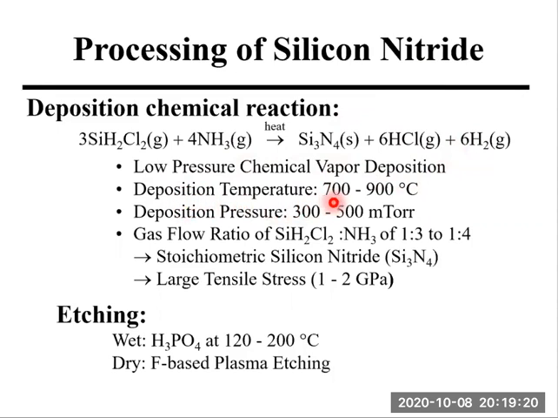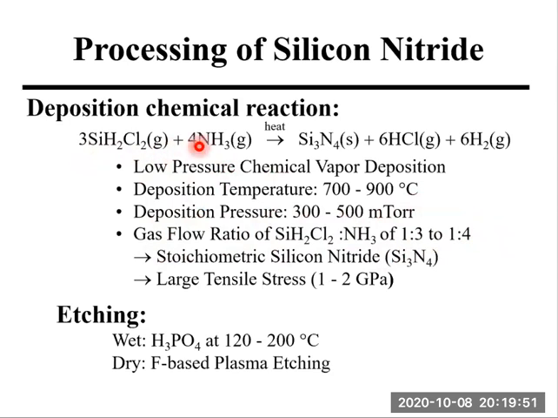Deposition temperature between 700 and 900 Celsius. Deposition pressure 300 to 500 millitorr. So it's a low pressure process. Gas flow ratio of dichlorosilane and ammonia is typically 1:3 to 1:4, between 1:3 and 1:4.